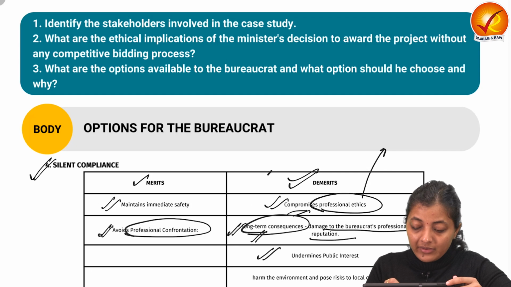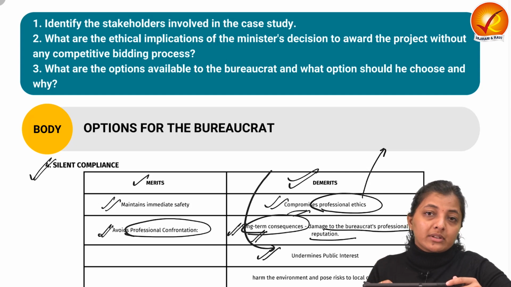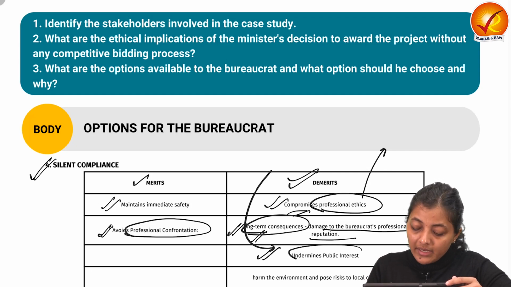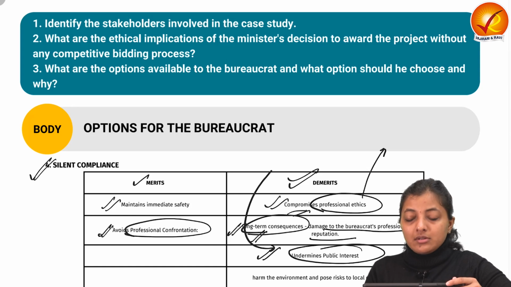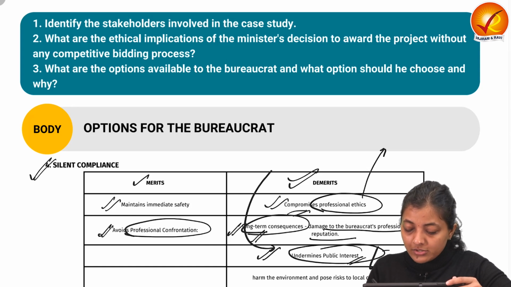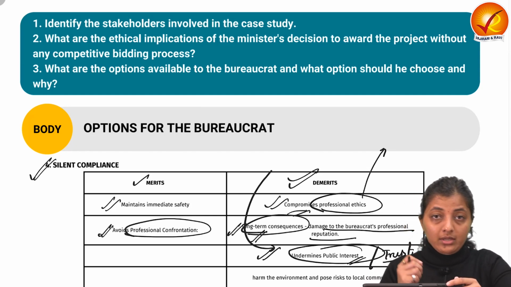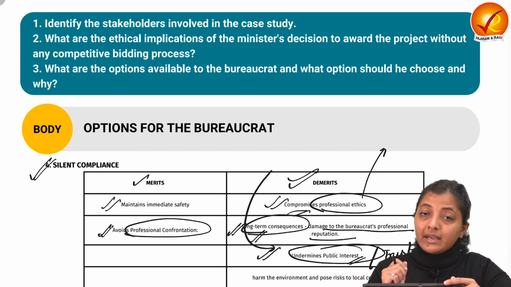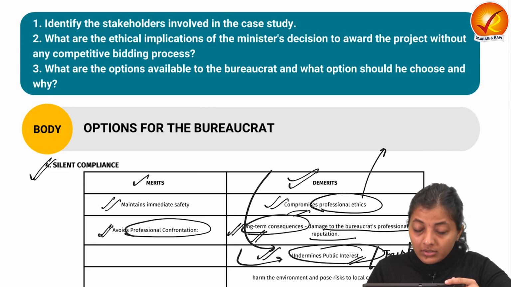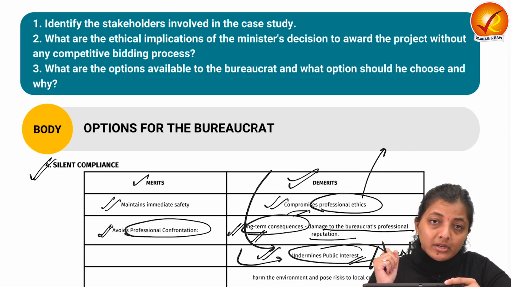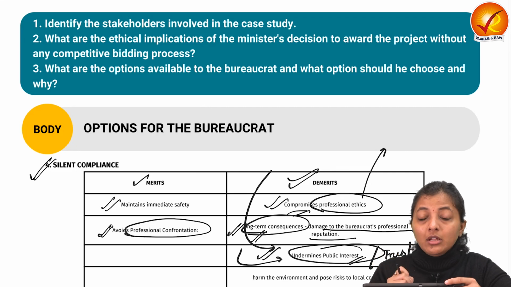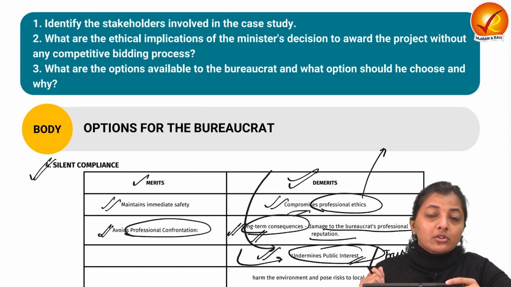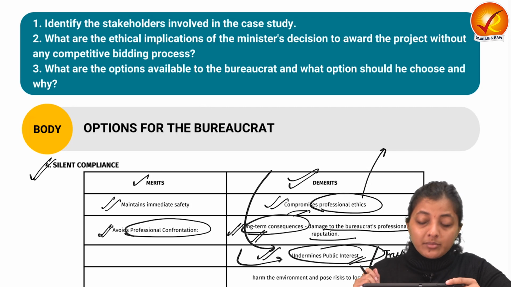And also, if he stays silent and complies with whatever the minister and contractor are saying, it is undermining the public interest and also the public trust. Because what is the public interest? Good quality roads and highways, and not noise pollution, not environmental pollution, due to the bad quality or the nexus and corrupt practices between the contractor and the minister.